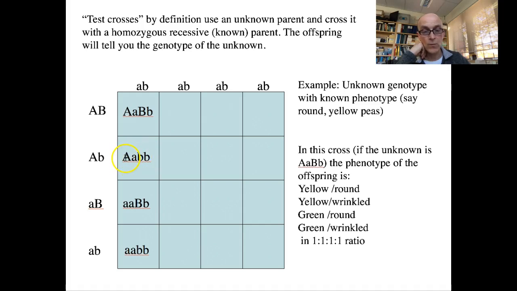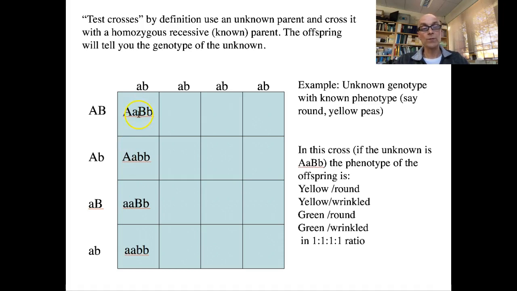Here's the dominant one, so that's why it's yellow still, even though it's no longer homozygous, it's now heterozygous. But due to the dominance, this will still be yellow, this will be wrinkled. Here you have a wrinkled and a green, because now you are, in both cases, recessive. And here's the other way around, right? So here you are green, but you have the wrinkled phenotype, because that is the dominant one.